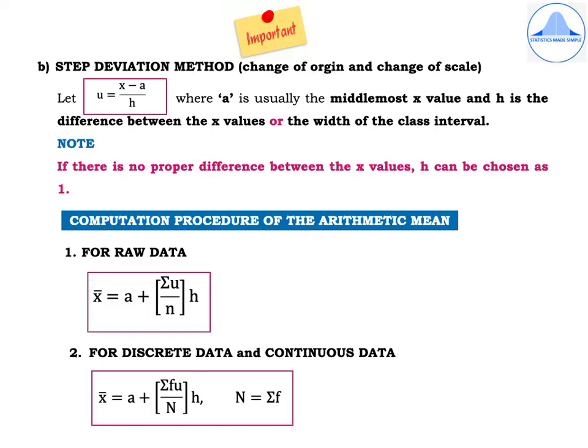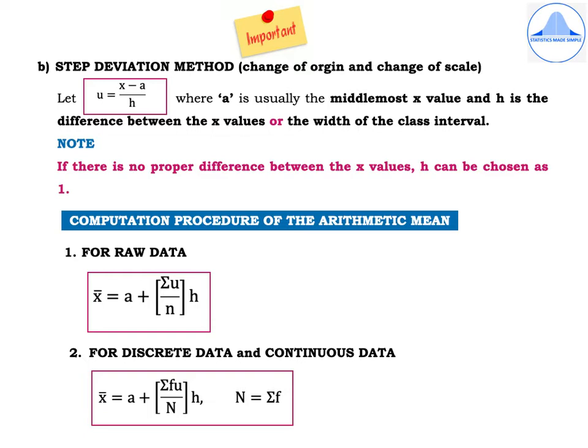Note that in certain problems, you may not get a proper difference between the x values, and in this case, h can be chosen as 1. So when the x values are subtracted from this arbitrary value a, that is called change of origin, and when it is divided by h, it is called change of scale.